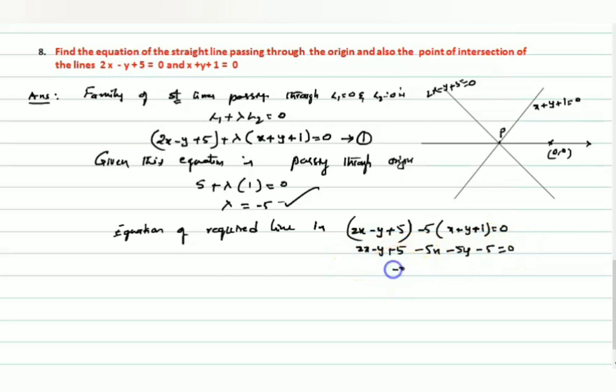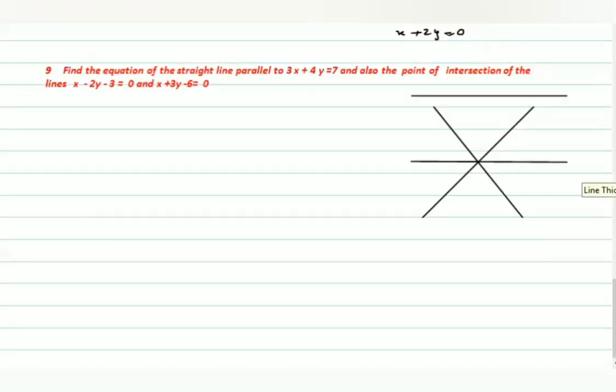So this becomes minus 3x minus 6y is equal to 0. Therefore, when you divide by minus 3, you'll get x plus 2y is equal to 0. That is the equation of the line. Right. The same as that of the above problem. Here, the equation of the straight line is required.